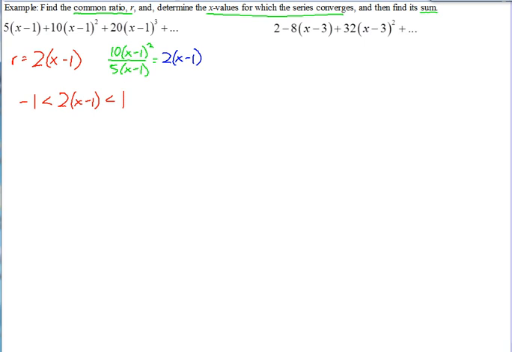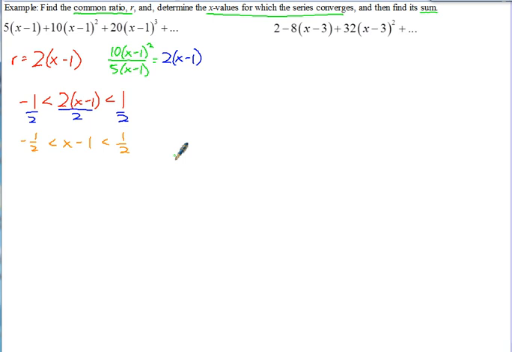There's a couple ways you can do this. You want to isolate the x in the middle. You could distribute out the 2, or what I'm going to do is just divide by 2 first. Either way, you get the same answer. There's 3 parts to this compound inequality, so you divide all of them by 2. So I get -1/2 is less than x minus 1, which is less than 1/2.